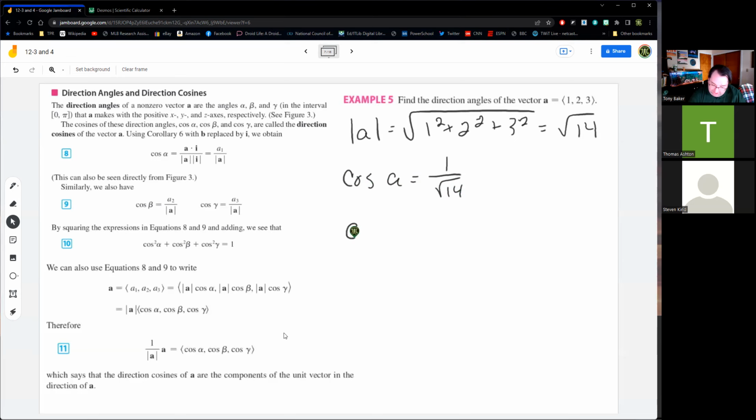The cosine of B, because I'm really bad at writing Greek letters, with the B I can, is going to be 2 over the square root of 14. And the cosine of gamma is 3 over the square root of 14.